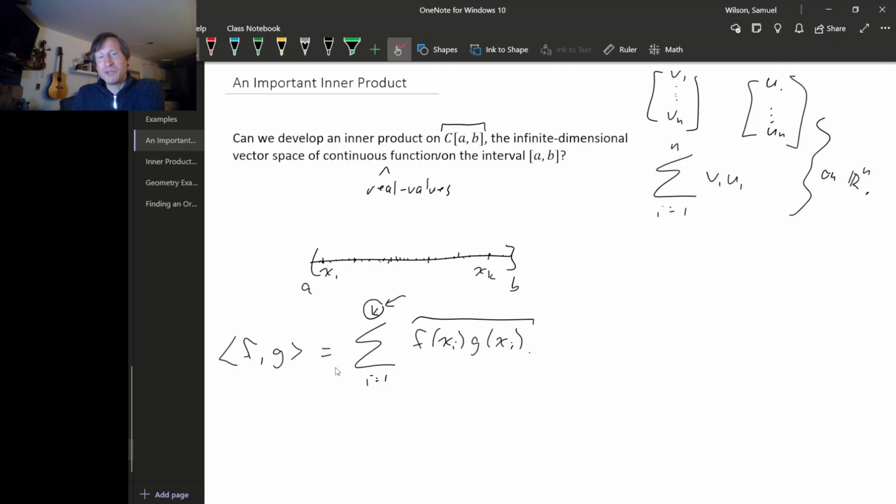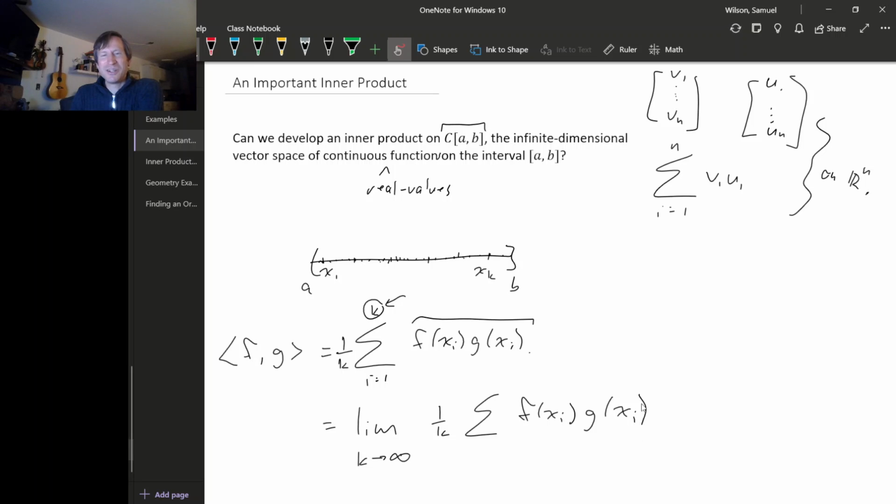So maybe instead of just adding them up, let's take the average. We want to let the number of x values, k, go to infinity, so we could take the limit as k goes to infinity of 1 over k times the sum of f of x_i times g of x_i.